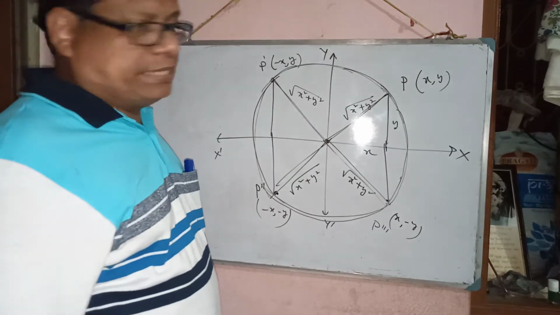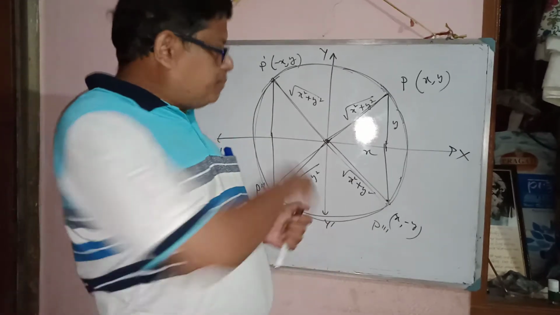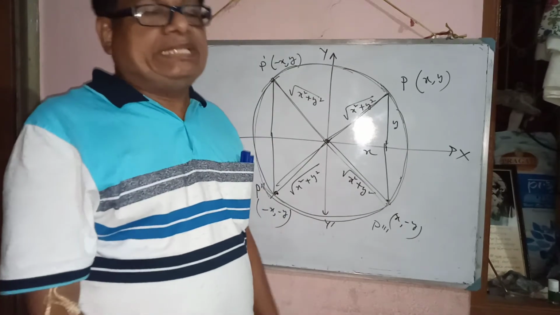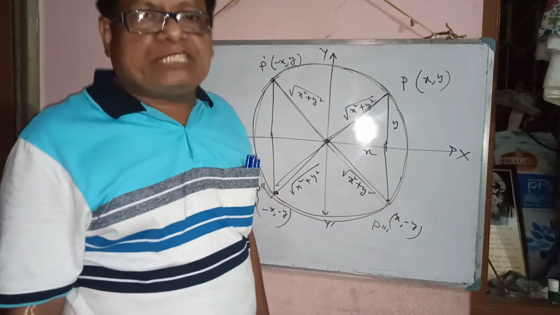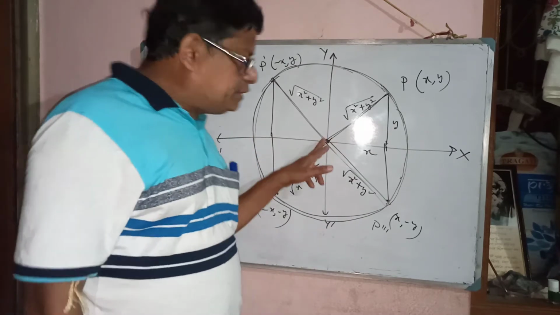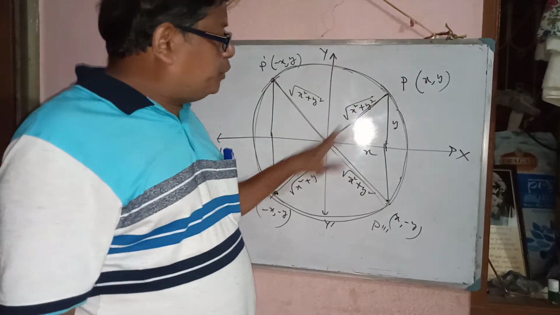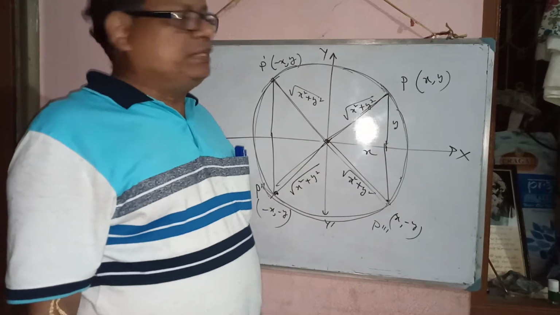So a point in a plane moves in such a way that the distance from the fixed point to the moving point is always the same.